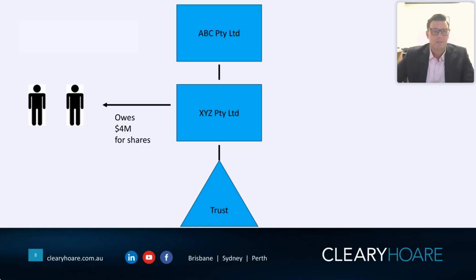Any franking credits in ABC come down to XYZ on consolidation. Any losses, again, are pooled in XYZ. And so we're effectively still one taxpayer by electing to form a consolidated group. So this would be what you'd call your simplest version of a consolidated group. One holding company, or one head company, as it's called in the legislation, holding a subsidiary company.